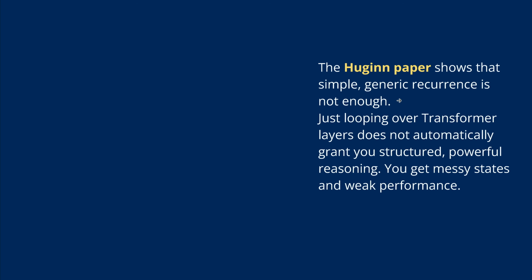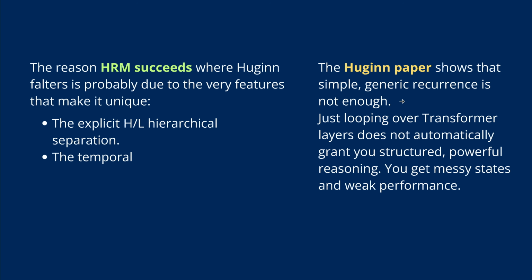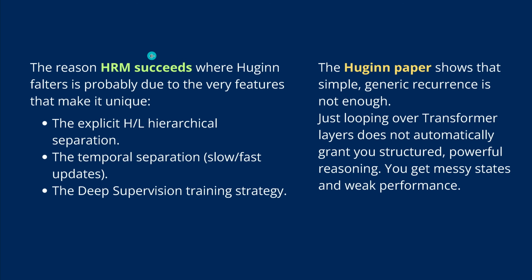There's nothing on spatial separation or temporal separation. This is just looping over transformer layers over and over again. You just get messy states and a weak performance if you do the trivial thing. But where HRM on the other hand succeeds is it has special features.